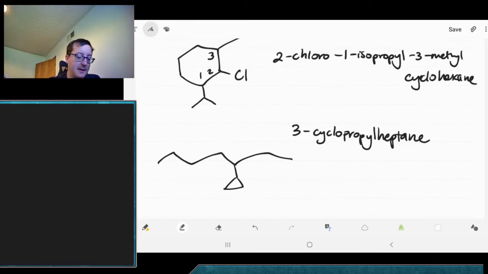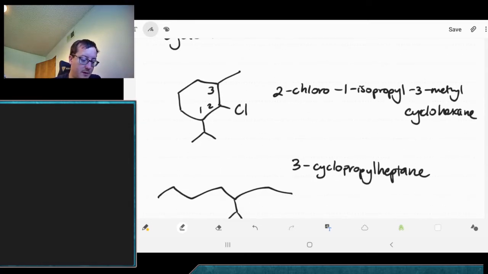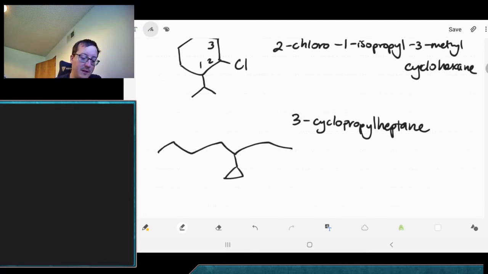Like, you would never name this first compound based off of this propane or something. You wouldn't do that, right? It makes no sense to do it that way. So it makes more sense to name this one with the cyclopropyl as a substituent, because otherwise you're going to have to throw in all these other things.